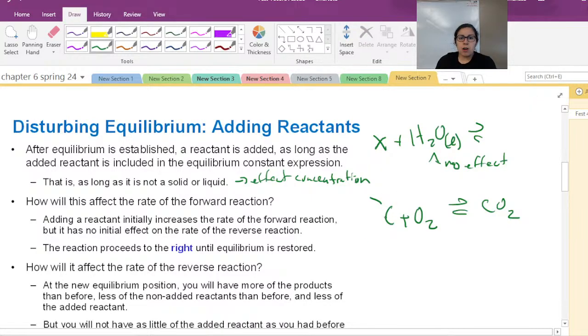Your carbon is just a solid pile, so it doesn't matter how big your solid pile of carbon is. It's still a solid pile. It's a surface-dependent reaction, so it's not changing the concentration either. Does that make sense, what it's referring to?